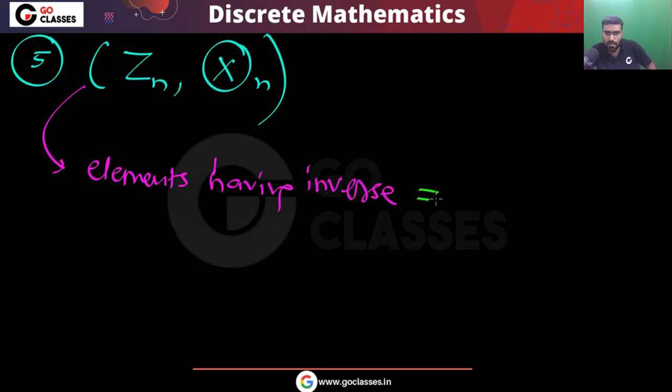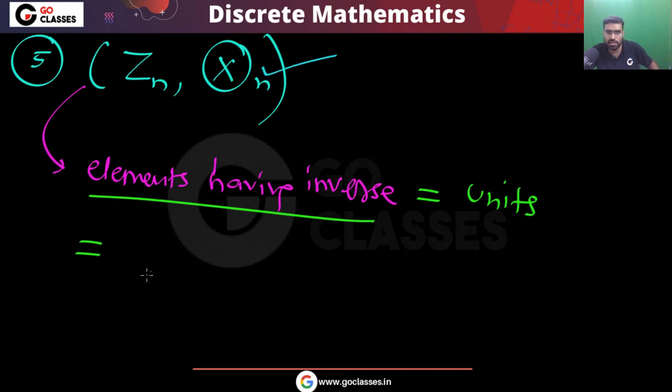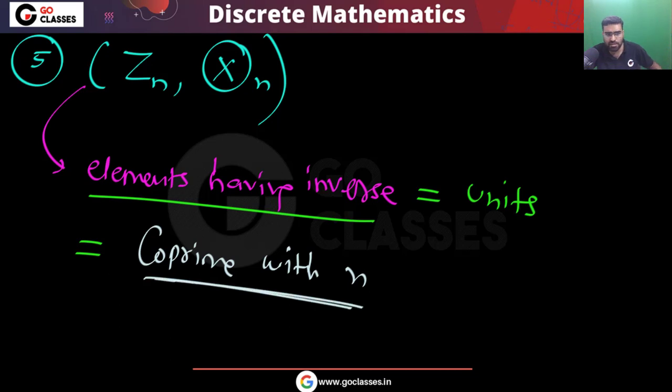Those elements which have inverse are called units, and these are co-prime with n. So the elements which are co-prime with n have inverse, and we will call them units.